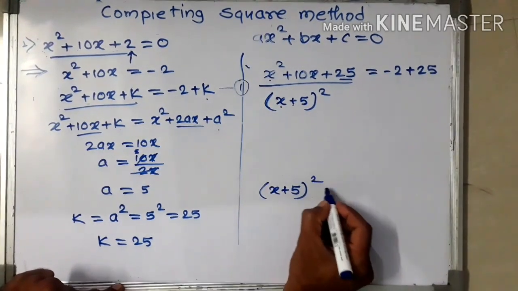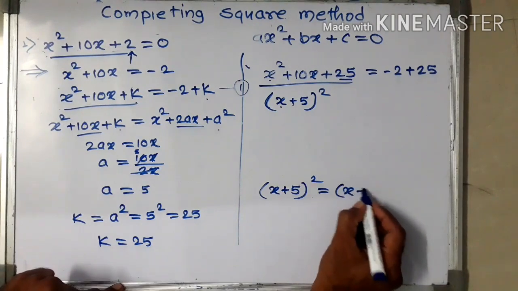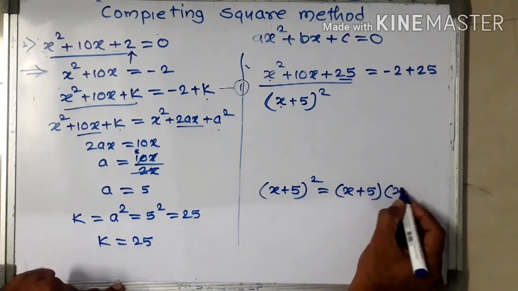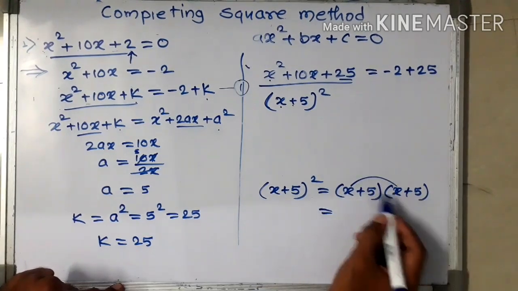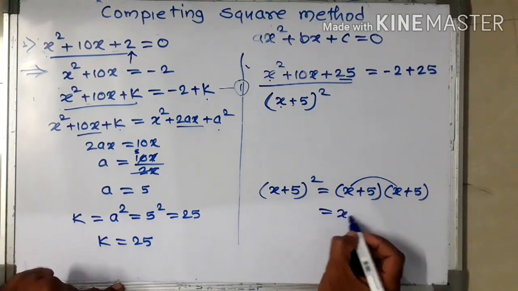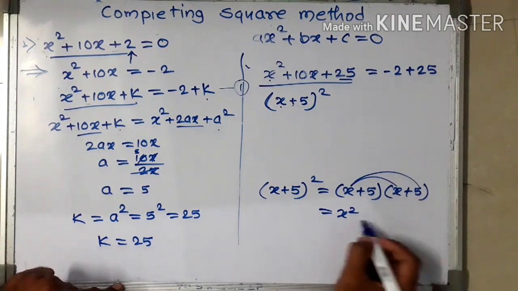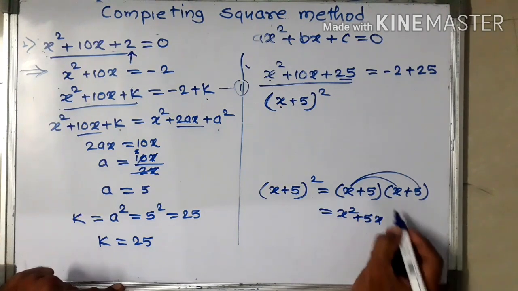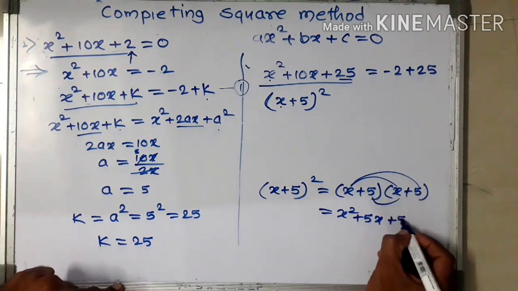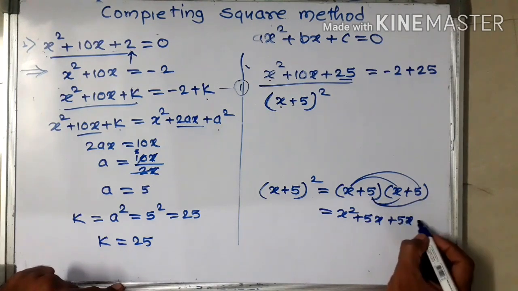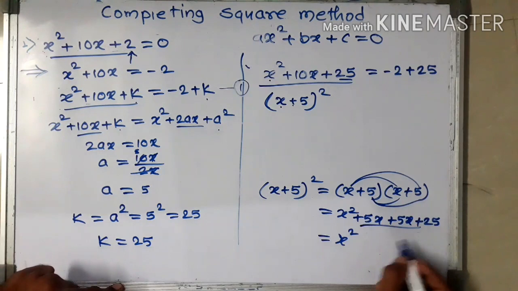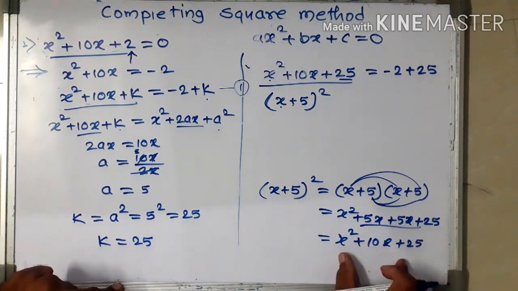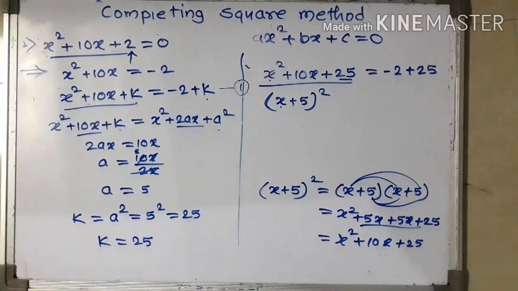(x plus 5) whole square we can write as (x plus 5) into (x plus 5). Multiplying these brackets, x into x is x square, x into 5 is 5x, 5 into x is 5x, and 5 into 5 is 25. Look here, x square plus 10x plus 25. This is the polynomial.